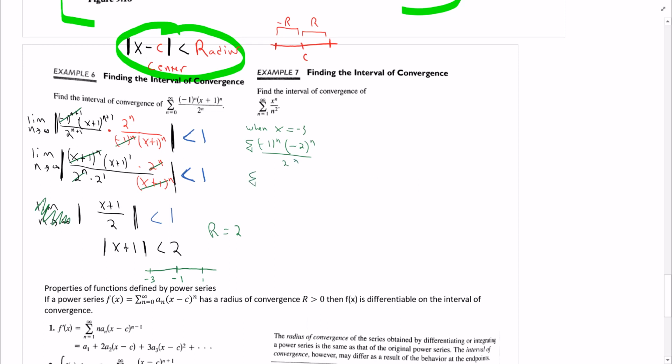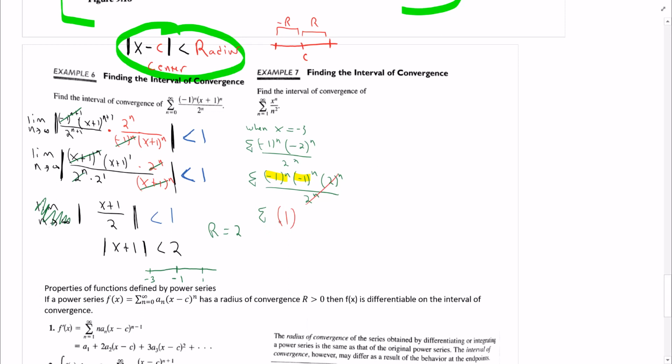This could be rewritten as (-1) to the n times 2 to the n over 2 to the n, which is (-1) to the n times 1.